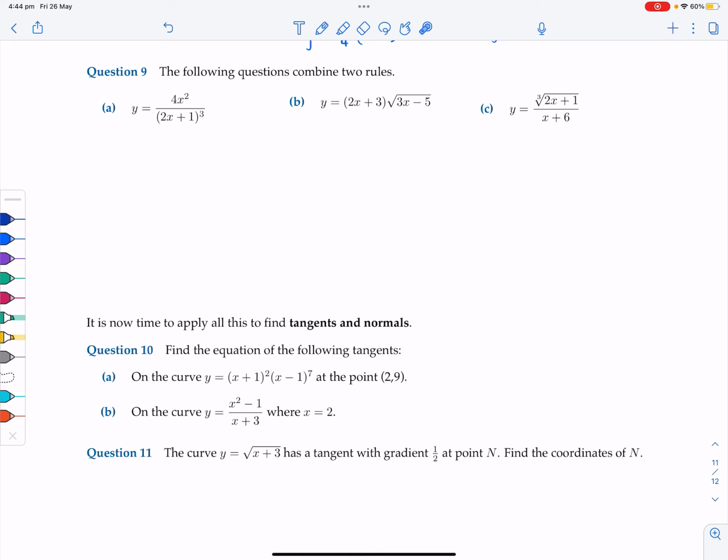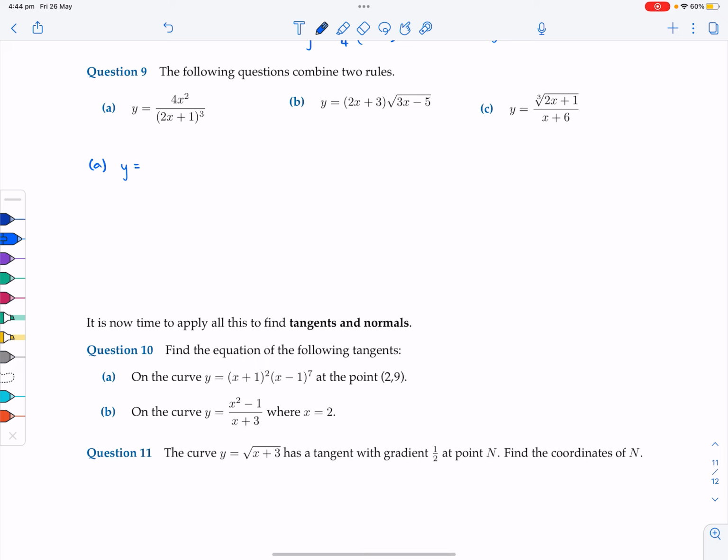This is a quotient rule, a product rule overall, but we'll need a chain rule there. And this is a quotient rule, and we'll need a chain rule there. Questions that look like this tend to get reasonably messy answers, and that's okay. Right, so A.